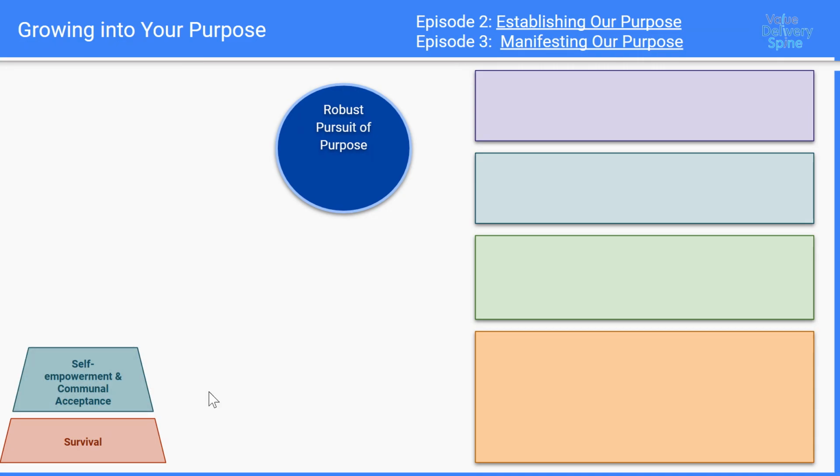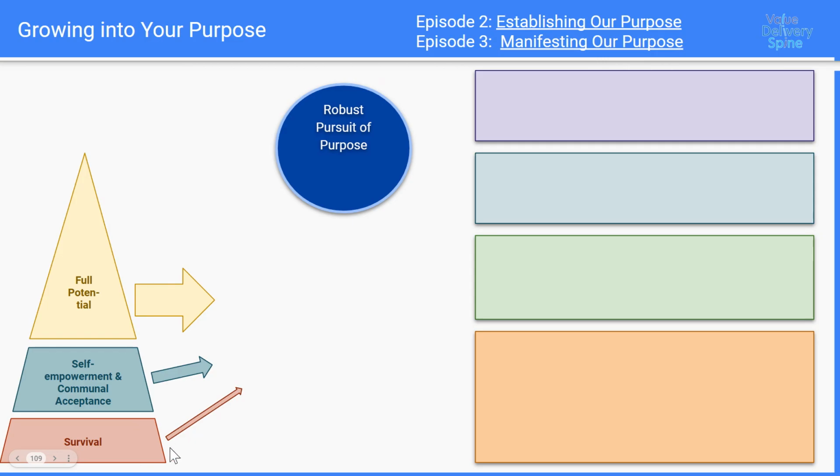As you become self-empowered and you have communal acceptance, you have more ability to devote and invest your time in your ability to pursue a purpose. And if you're operating at your full potential, then you're going to have a lot to devote to it. So let's just acknowledge that the things I'm about to talk about, depending on where you are at any one moment, you are going to have a lot or a little to offer to invest into building these building blocks. The first one being agency.